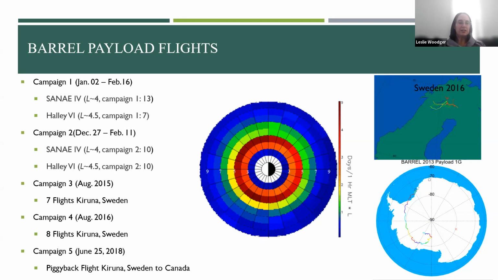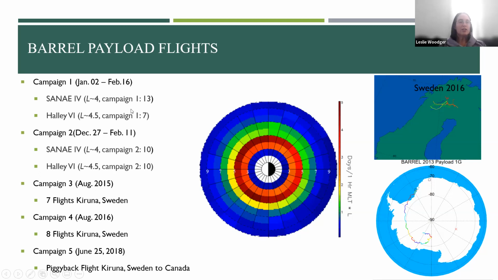Then here in the center, you can see a spectrogram plot of our L and MLT coverage. Because of that geostationary type orbit, we cover all magnetic local times, and because of the natural drifting in Antarctica, you can get a range of L shell coverage as well.